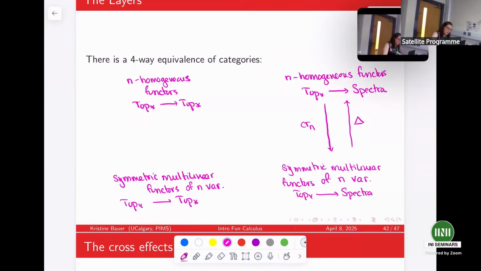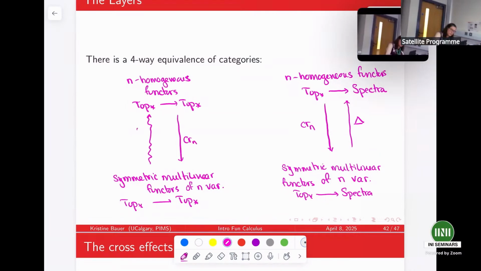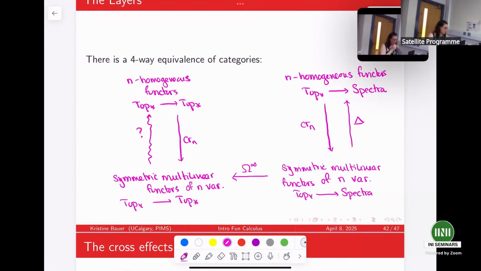Okay. I have a cross effect here too. Here, to get a symmetric multilinear functor from top star to spectra, you just do what I showed you in the formula, apply omega infinity.